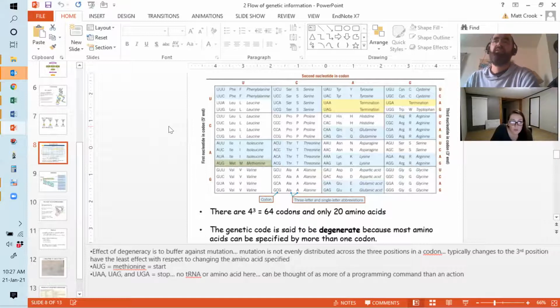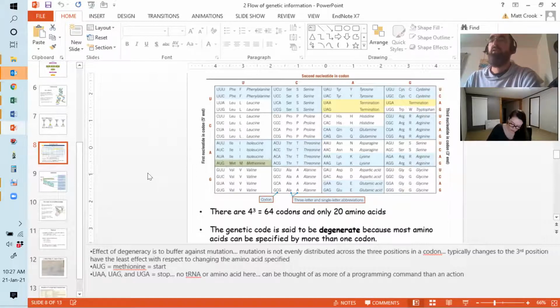So if that leucine is a particularly important amino acid in that protein, for whatever reason, like an enzymatic active site or DNA binding or whatever, then you have a lot of robustness against the effects of mutation, right? Because you can have a mutation occur in the DNA sequence, but it won't change the amino acid sequence. So this degeneracy is a form of robustness against mutation.